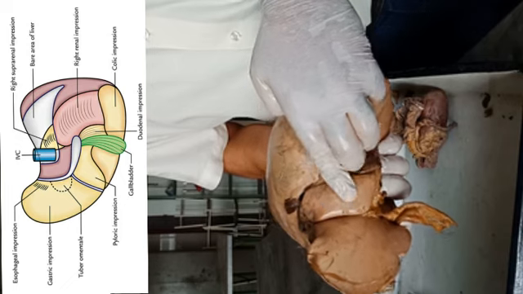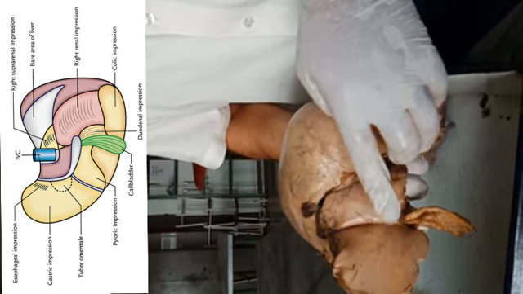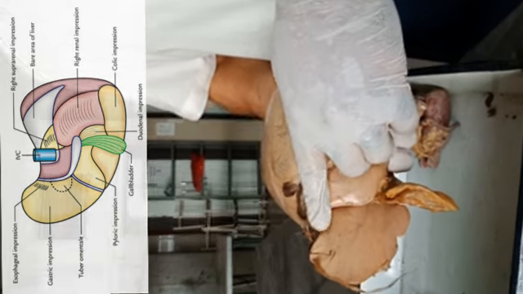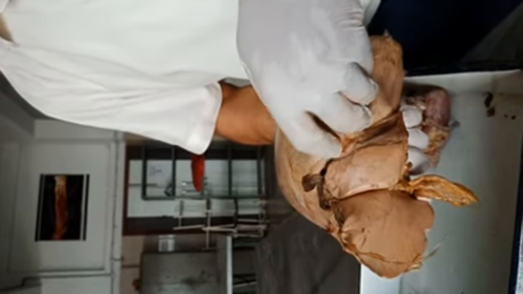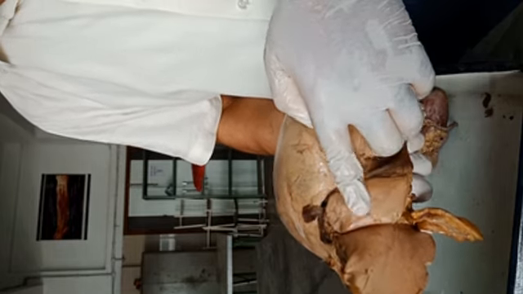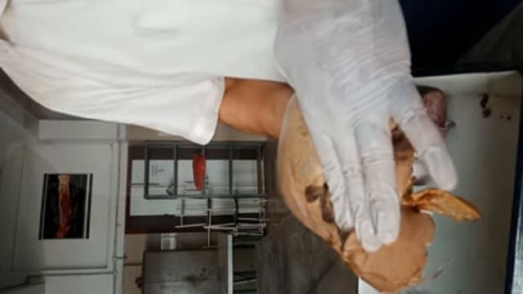At the level of the caudate lobe, we get the superior recess of the lesser sac. So these are the structures related to the posterior surface: IVC, where the hepatic veins are drained, the superior recess of the lesser sac, suprarenal gland, and the diaphragm.